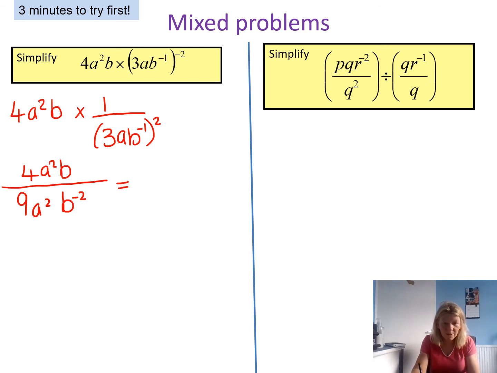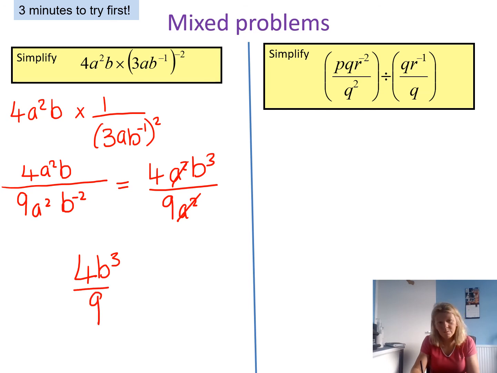Now get rid of that because it's a minus power, you can put it back on the top. I would anyway. So 4a squared, b times b squared is b to the 3 over 9a squared. They cancel out now. And you finally get 4b to the 3 over 9. You can do it other ways, but that's one way.